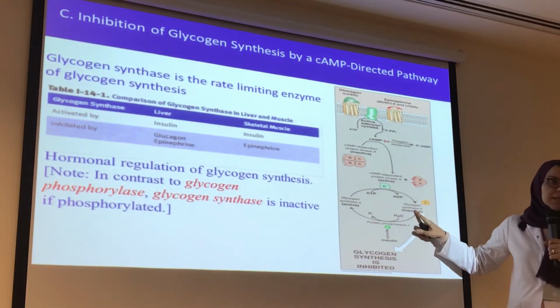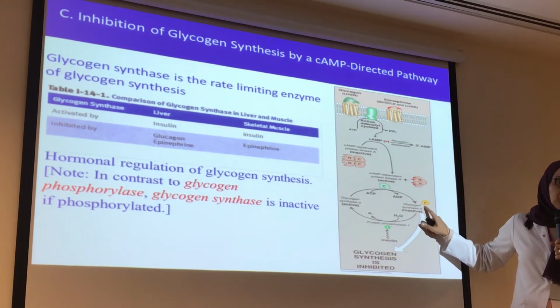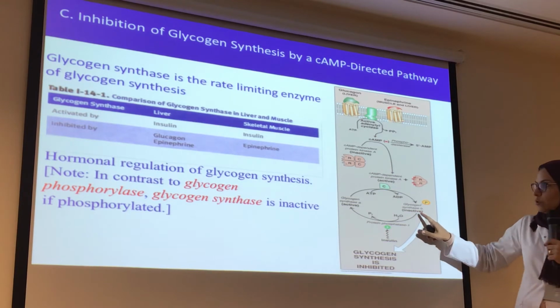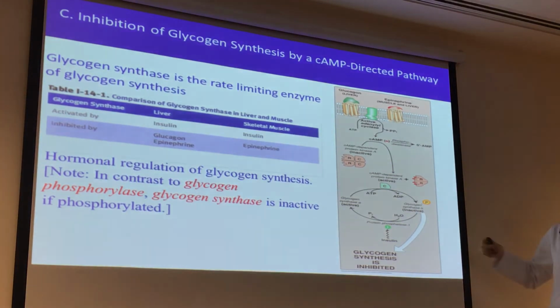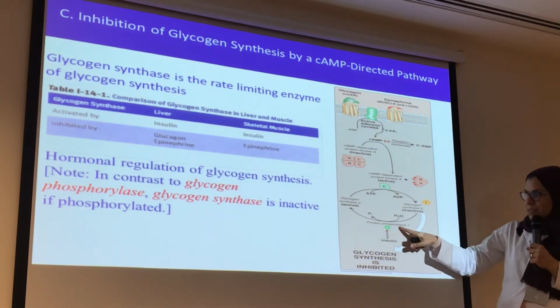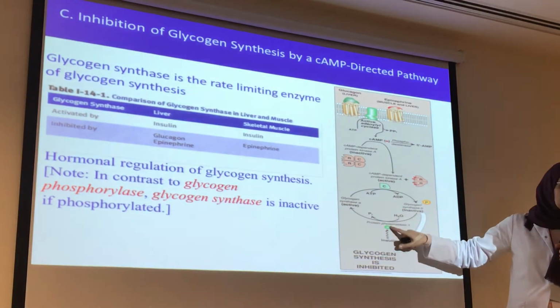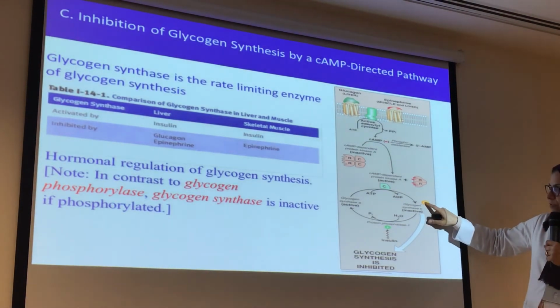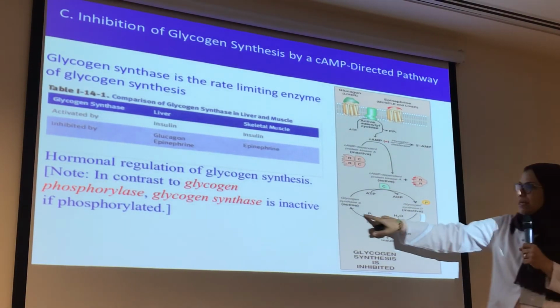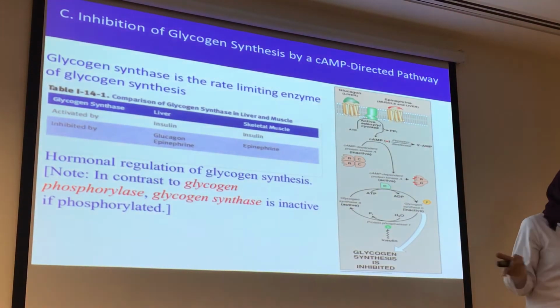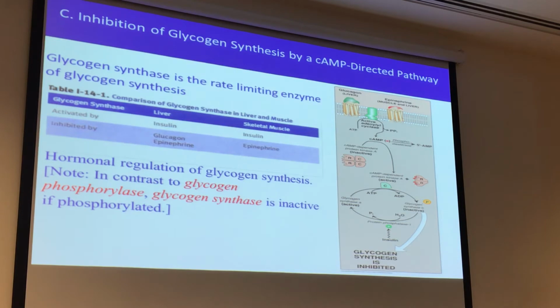Glycogen synthase is inactive when phosphorylated, so it's the opposite of glycogen phosphorylase. To make it active, we need to remove the phosphate group. Who's going to remove the phosphate group? The phosphatase. So insulin will activate the phosphatase, removing the phosphate group from the synthase to make it active, and therefore this is when we store glycogen, or make glycogen.